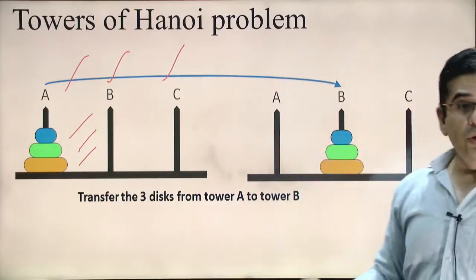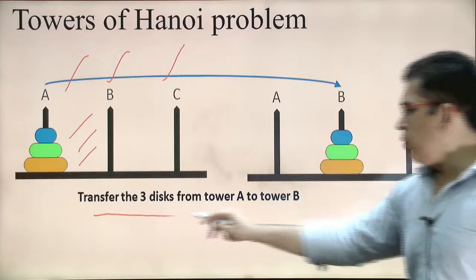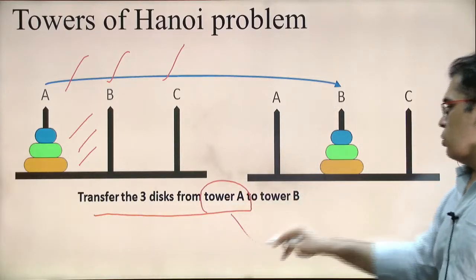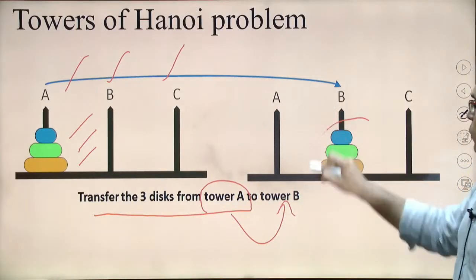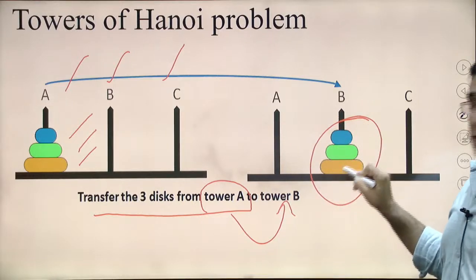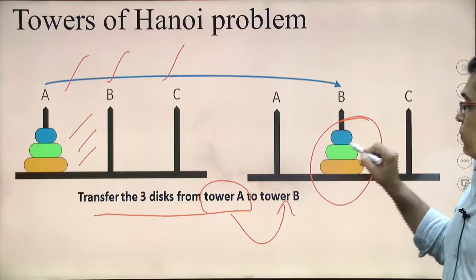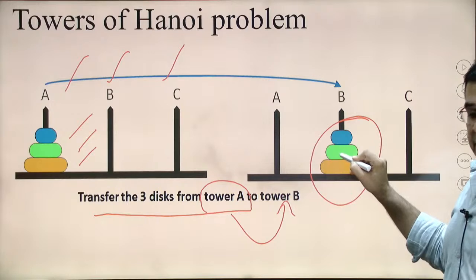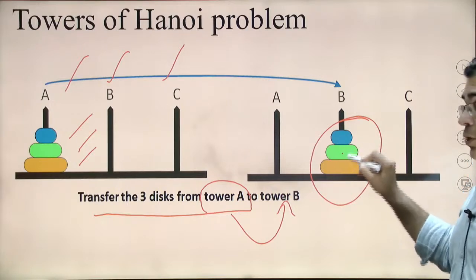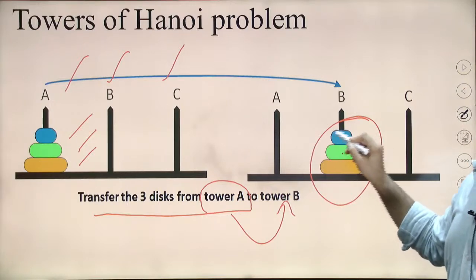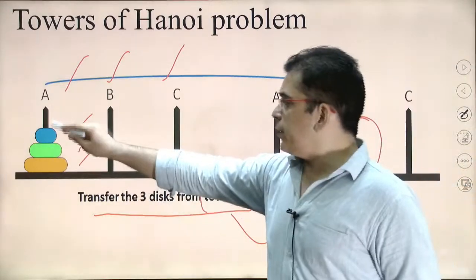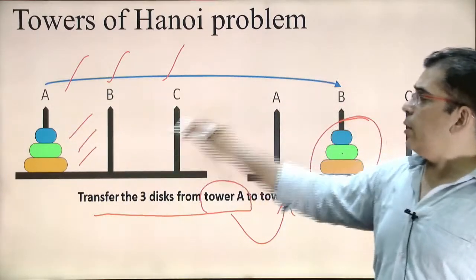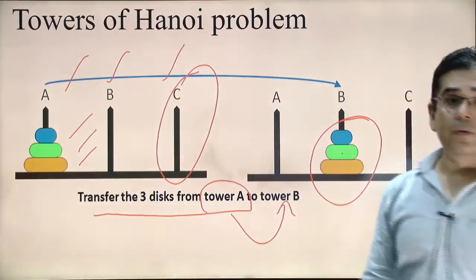You need to transfer the 3 disks from tower A to tower B and the output will be the same: the largest disk at the bottom, the middle disk in between and the smallest disk at the top. You have to transfer it from here to here with the help of the third tower C.